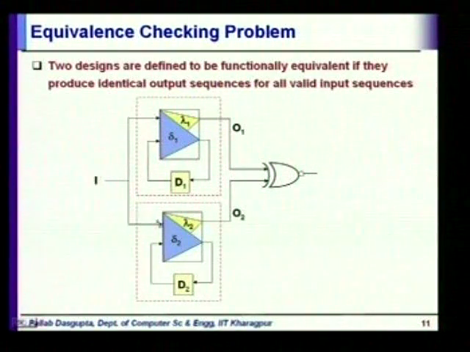So here we have two sequential circuits. Again, our definition is that the two sequential circuits are functionally equivalent if they produce identical output sequences for all valid input sequences. They are like black boxes. Whatever input I give to this one, I give to the other one, and I expect that the output should match.